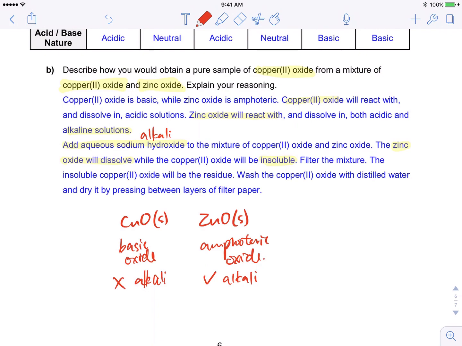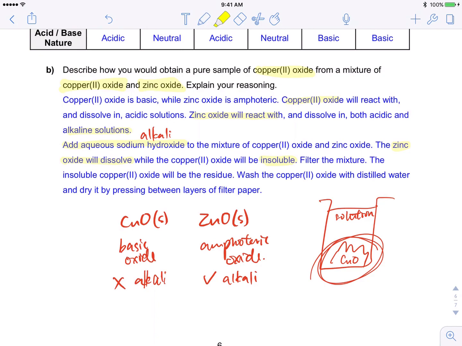So now we have a solution and copper 2 oxide. Here we have a solution made of the dissolved salt formed by zinc oxide and the sodium hydroxide and water. So you just need to filter it and we get this part, copper 2 oxide.